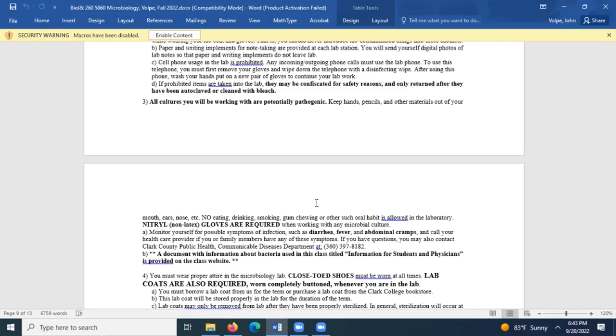You then put on your lab coat, which generally is kept in the lab. That never leaves the lab, although if you bought a lab coat, you may bring it into the lab, and then it stays in the lab. If you want to take it out at the end of the term, it would be washed, actually autoclaved and then washed, and then you could pick it up and take it out of the lab.